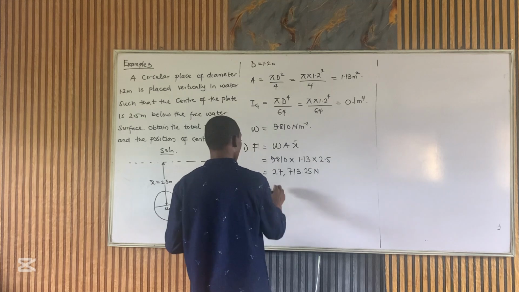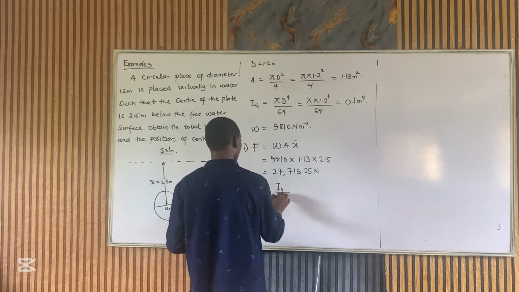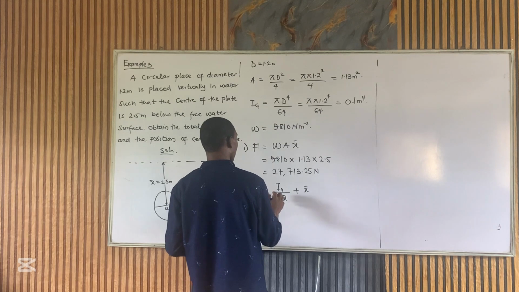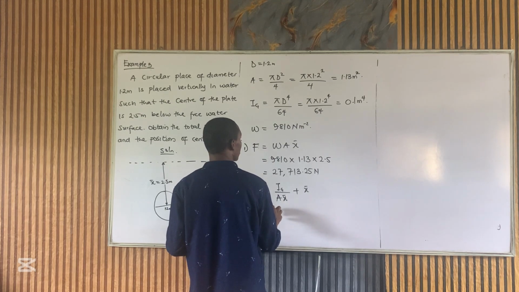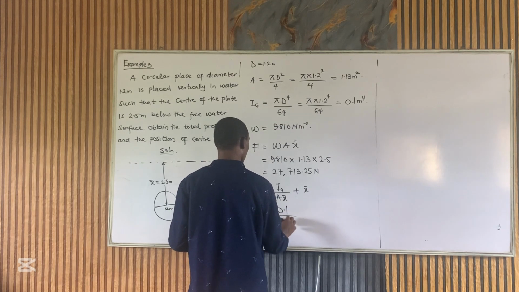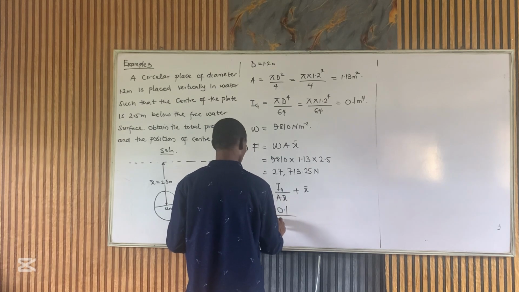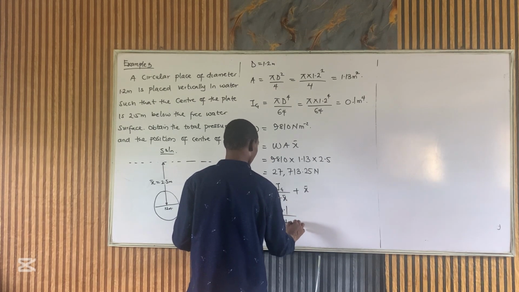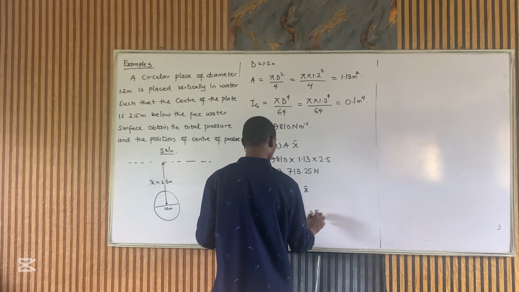And number 2 is the center of pressure. The center of pressure is given as the moment of inertia over the area times x bar, plus x bar. The moment of inertia is 0.1, all over the area, which is 1.13, times the x bar, which is 2.5, then plus 2.5.